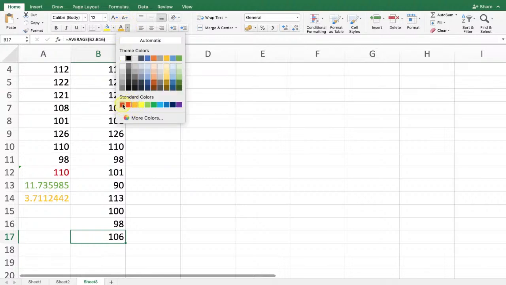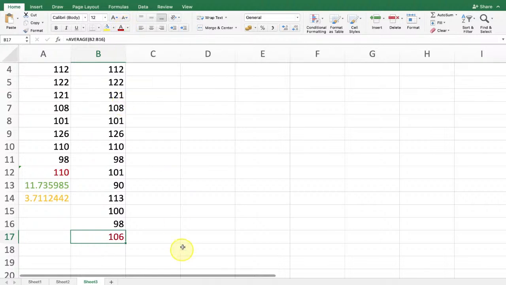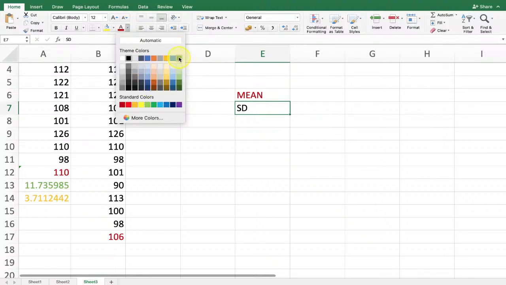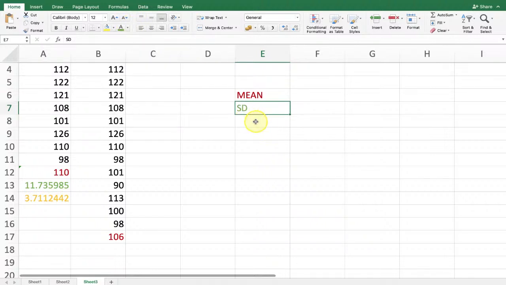Let me use red so that it will be consistent. The mean is red. The standard deviation, SD, is in green. And the one in yellow is the standard error of the mean.